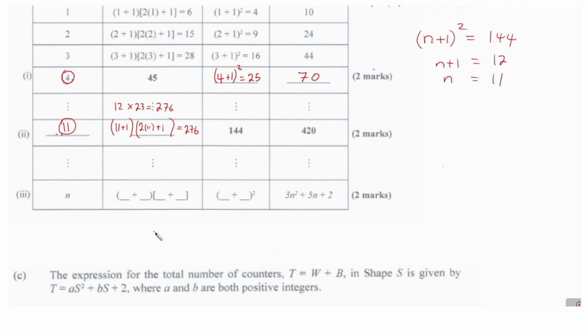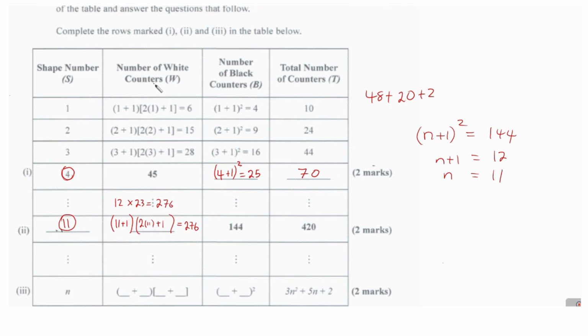So we want to work out the nth term for the white counters and also the nth term for the black counters. Now, upon studying this here for the white counters, we can see this is n plus 1. So we write n plus 1 in this bracket here.